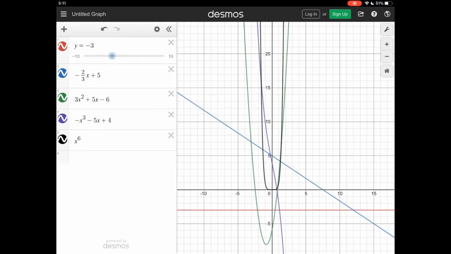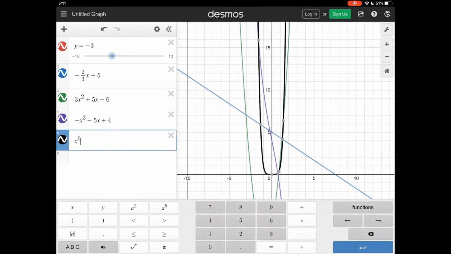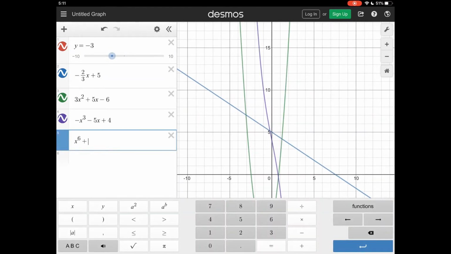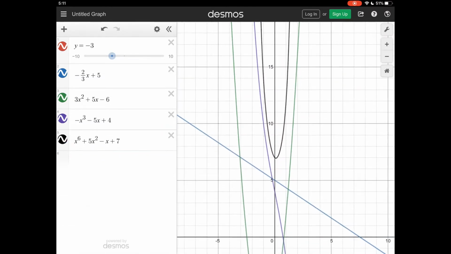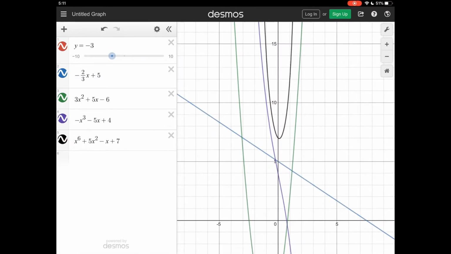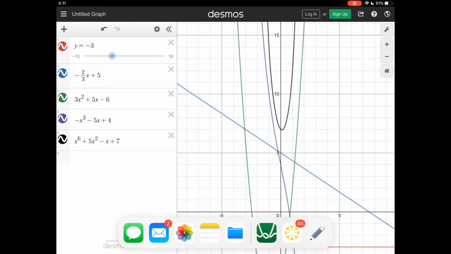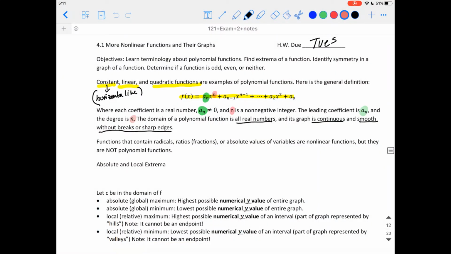Yep, it is continuous, no sharp turns or edges. And if I were to add other terms, could do 5x², minus an x plus 7. So they are all, let me go back to the notes here. Again, continuous, smooth without breaks or sharp edges.